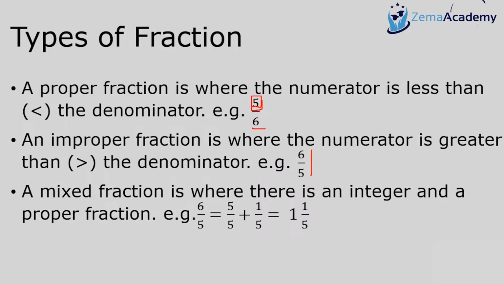So here I have 6/5, and I know that 6/5 is the same as saying 5/5 plus 1/5, the same as saying 5 out of 5 plus 1 out of 5. And that can be turned into 1 and 1/5, because of course 5 divided by 5 is 1.